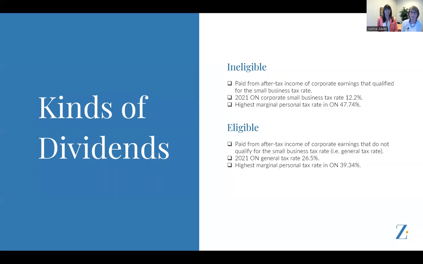The remaining 200,000 that does not qualify for the small business tax rate is taxed at 26.5%. But then when you take that money out, it's taxed less at 39.34%.